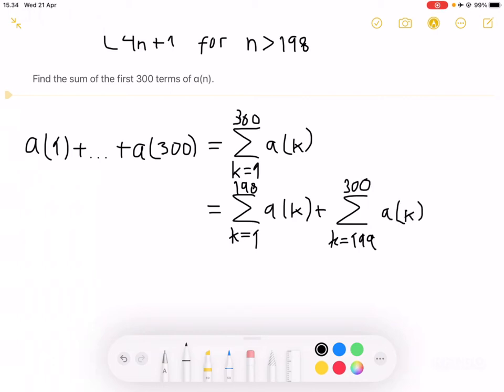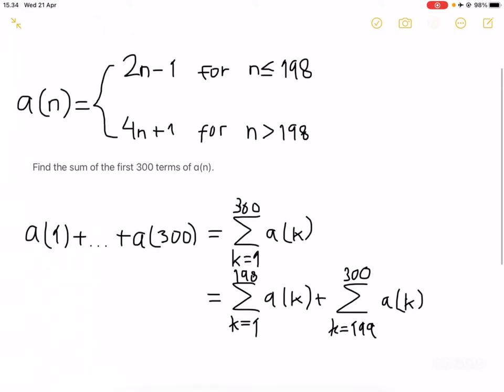So again, if you combine these two summations together, you end up with the first one. And the reason we're doing this is because we want to separate each of these functions into its corresponding domain.